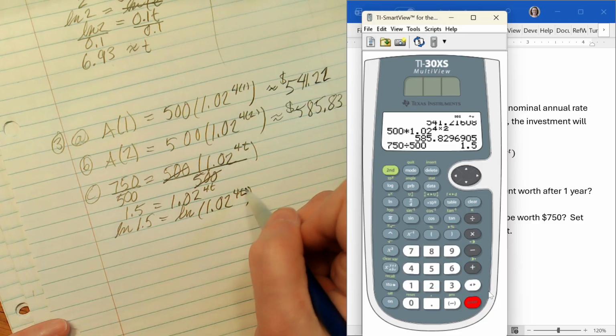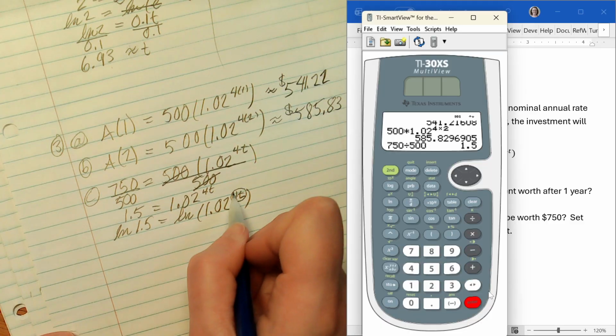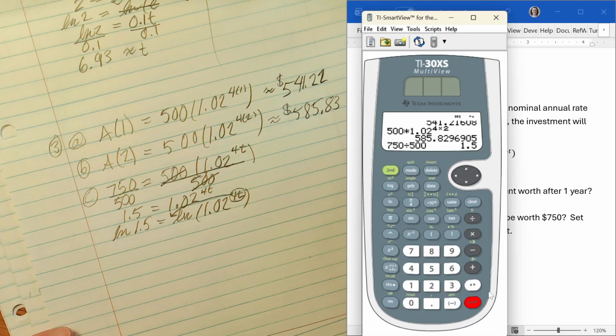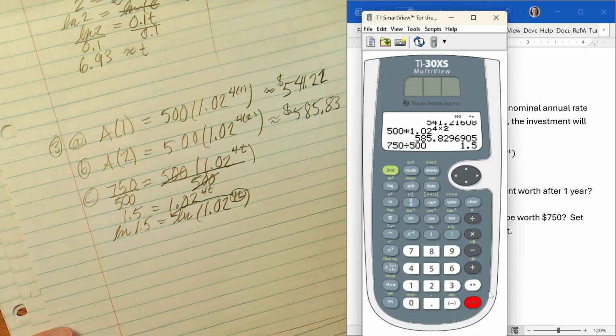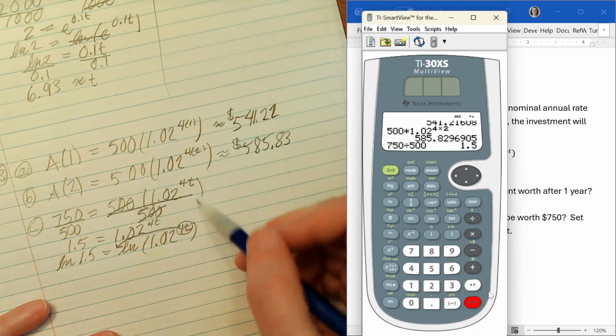But what I can do is use rules of logs. Rules of logs tell me that when I have something to an exponent inside of any log, I can take the exponent down and place it in front of the log. That's just because when you take the log of something, you're finding an exponent, and you can develop a bunch of interesting rules based on that. This is the power rule of logs.